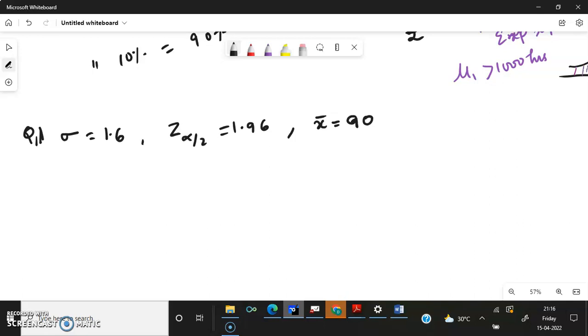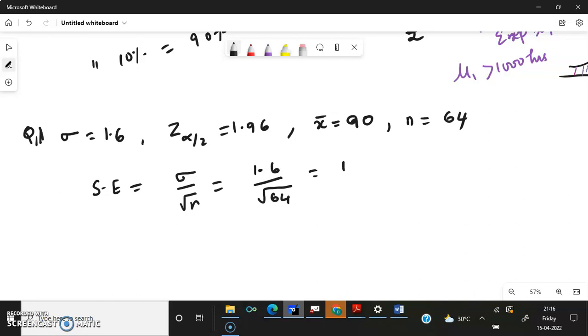X bar is 90, it's given in the question. The size of the sample is 64. Standard error using the formula is sigma by root n. What is sigma? 1.6 by root n. N is what? 64. So 1.6 by 8, that is 0.2. This is the standard error, right?